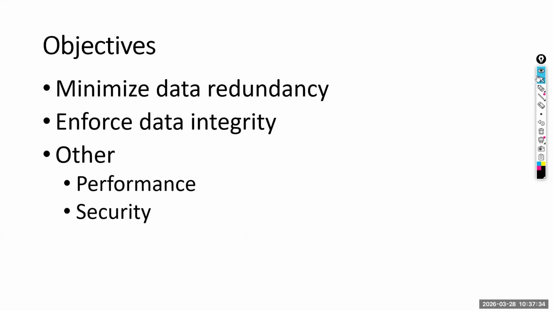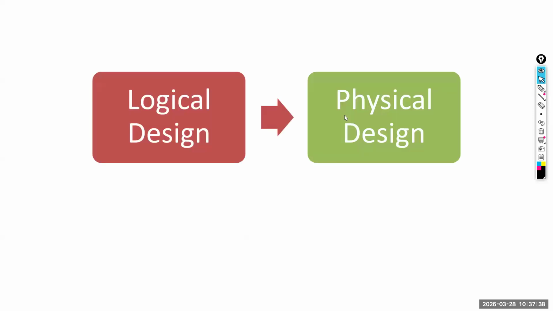So in order to achieve this, there are some design principles and concepts. When we do designing, it's a two-step process. First, we do the logical design, then we do the physical design. Logical design is when we have decided which approach we use, whether it's a relational database, NoSQL database, or object database, but not committed to a technology.